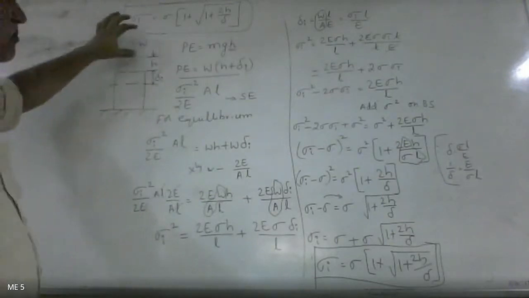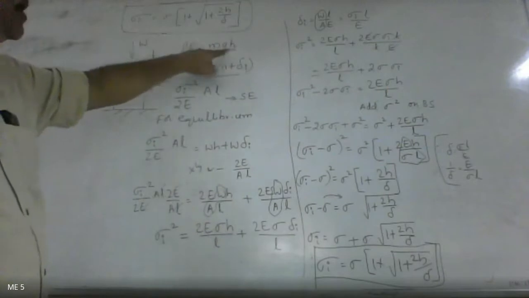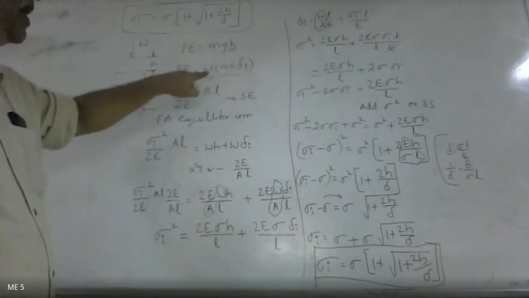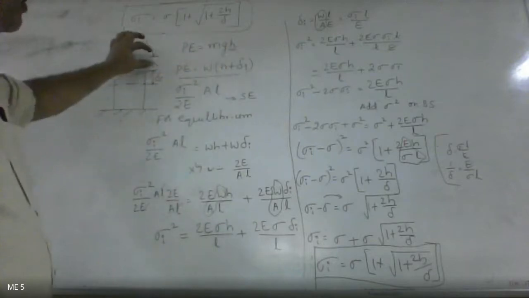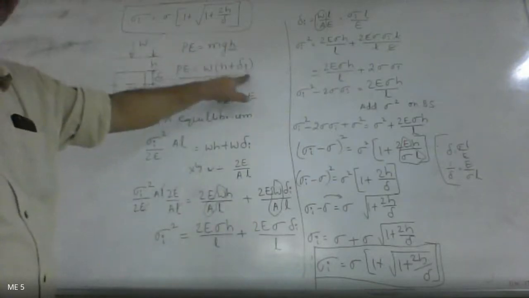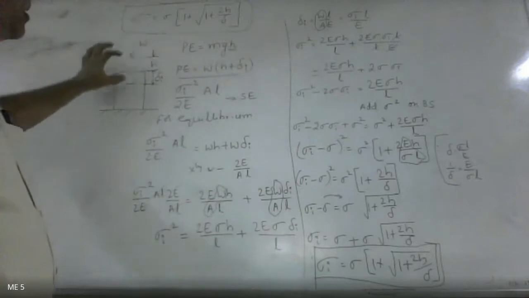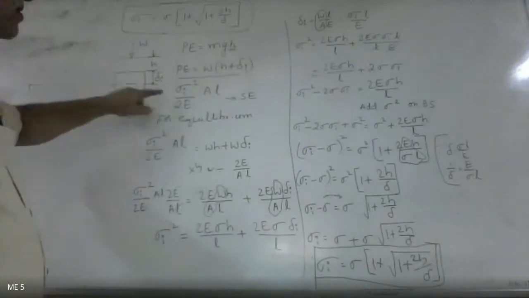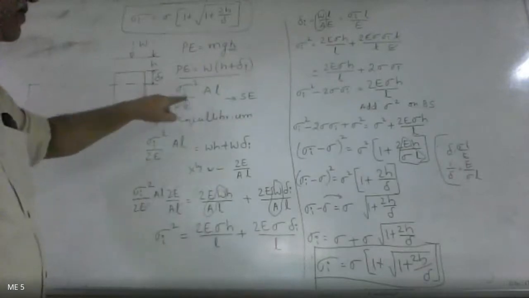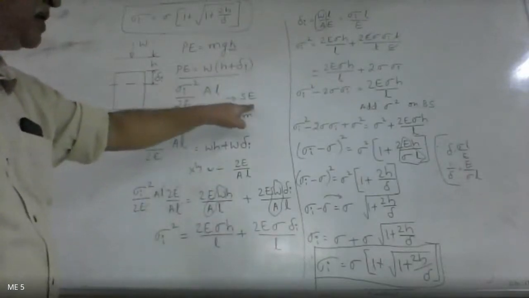And then this falling body possesses potential energy given by mg into h. This mg I replace it by W, and for this case, this height of fall will totally become h plus delta I. And because of the load, the energy is absorbed by this member, and that is called strain energy given by sigma square by 2E into AL.